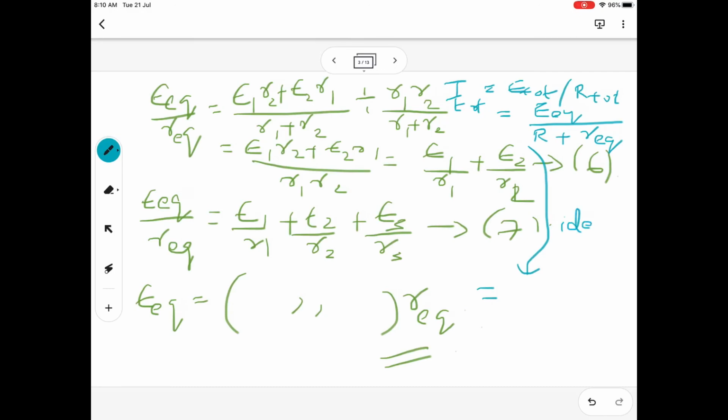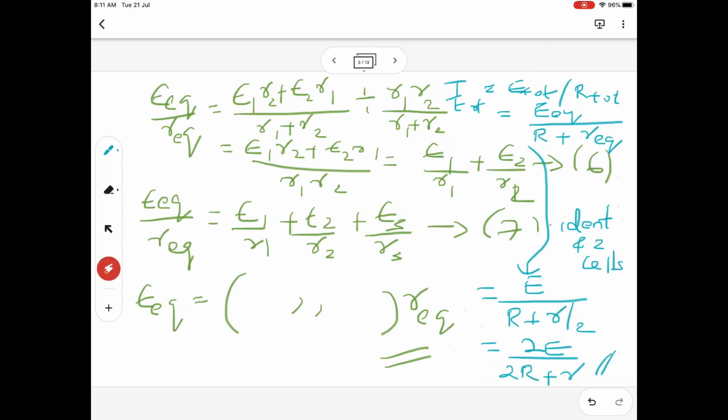We are writing for identical cells in parallel combination. So the equation will be E equivalent by R plus R equivalent. E equivalent will be E itself, because cells are of EMF E and are in parallel combination. So net EMF, as we just studied, could be E only, one of the EMFs. So E divided by total resistance.